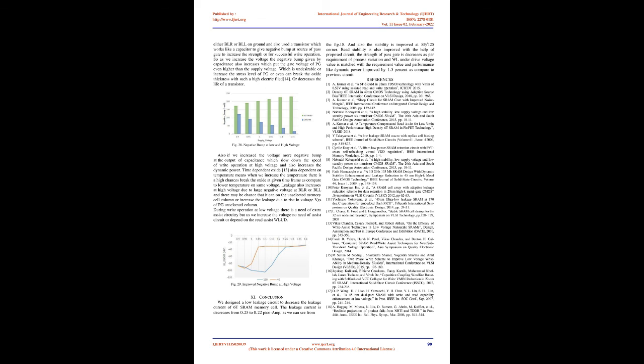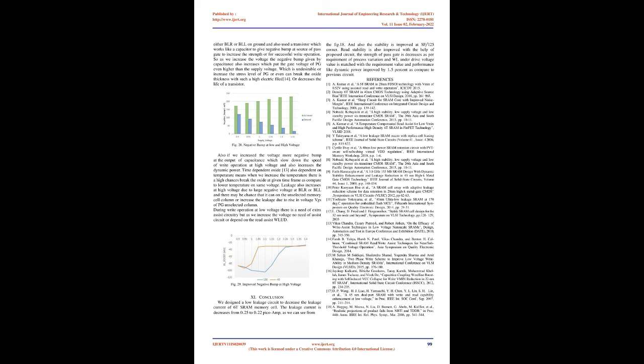Also, if we increase the voltage, there is a more negative bump at the output of the capacitance, which slows down the speed of write operation at high voltage and also increases the dynamic power. Time-dependent oxide breakdown [13] is also dependent on temperature, meaning when we increase the temperature there is a higher chance of breaking the oxide in a given time frame compared to lower temperature at the same voltage.